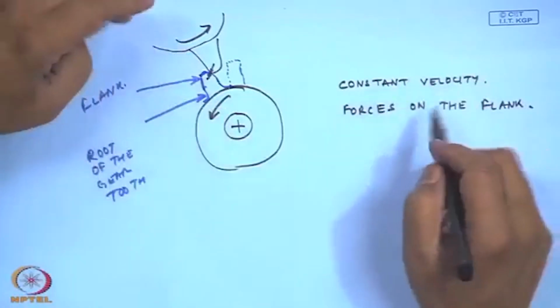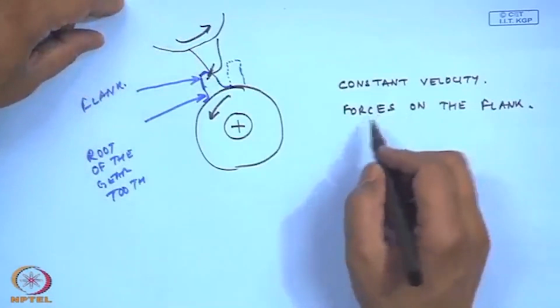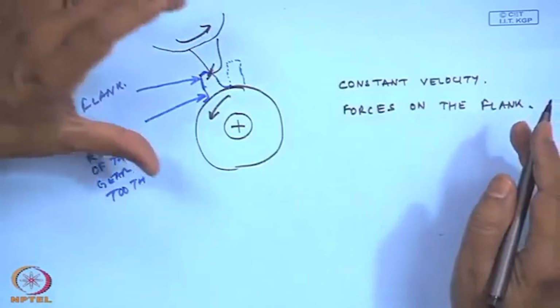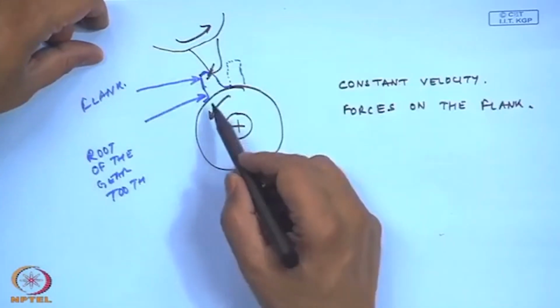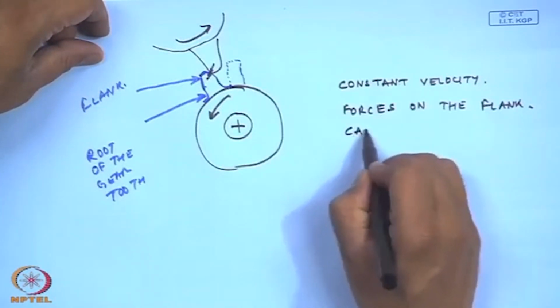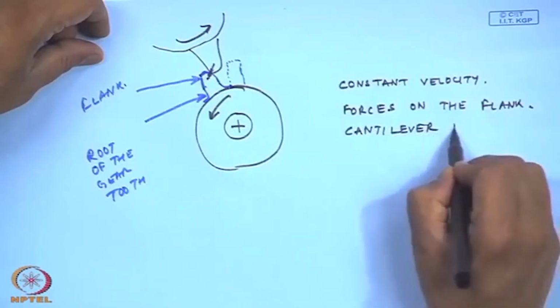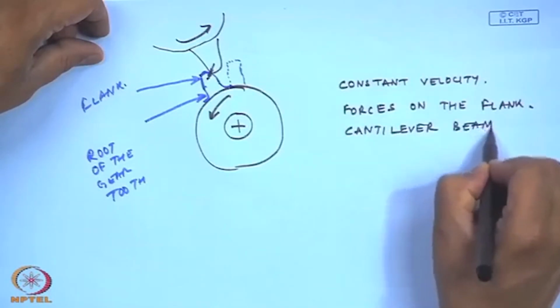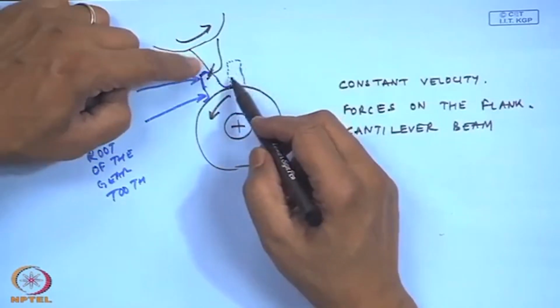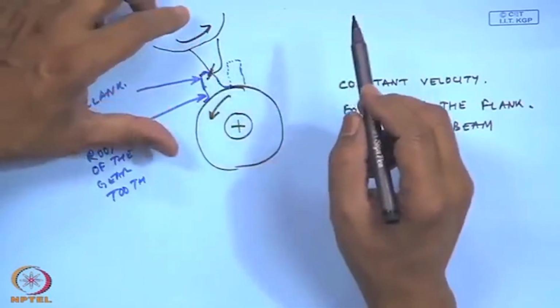So, there are a lot of metal to metal contacts between the gear teeth. For a gear to be strong enough, this tooth is also behaving like a cantilever beam. Obviously, it is going to deflect each time it meshes with a gear tooth from another gear.